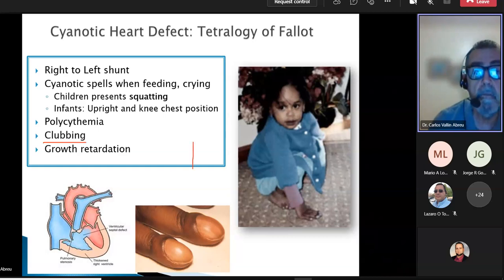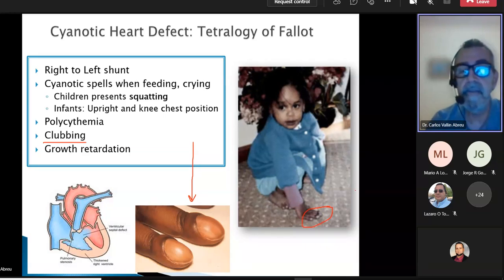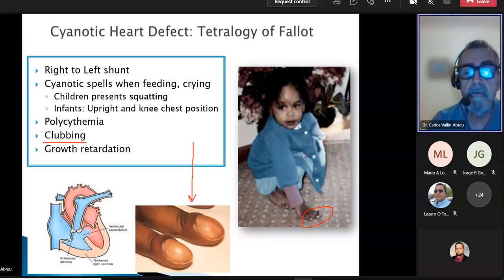And this is clubbing. It is a dilation of the tip of the fingers that, if you pay attention, even with the bad quality of the picture, can be seen in the fingers of this girl with tetralogy of Fallot. And you see that the nails, instead of being flat, are convex. So this is called clubbing.